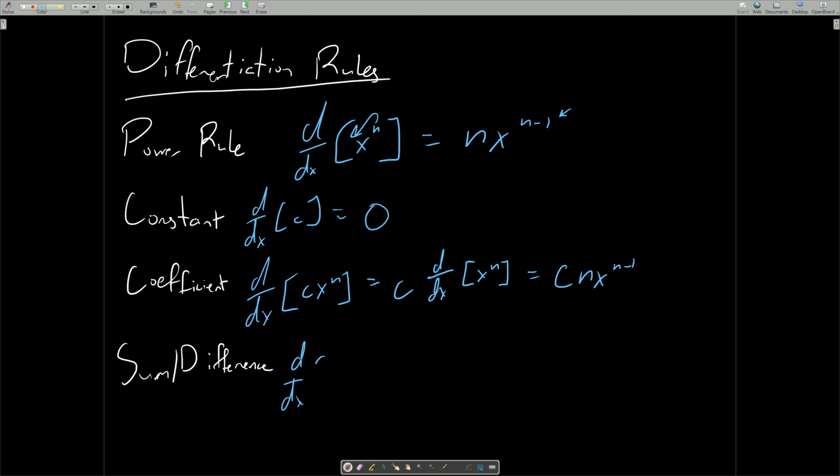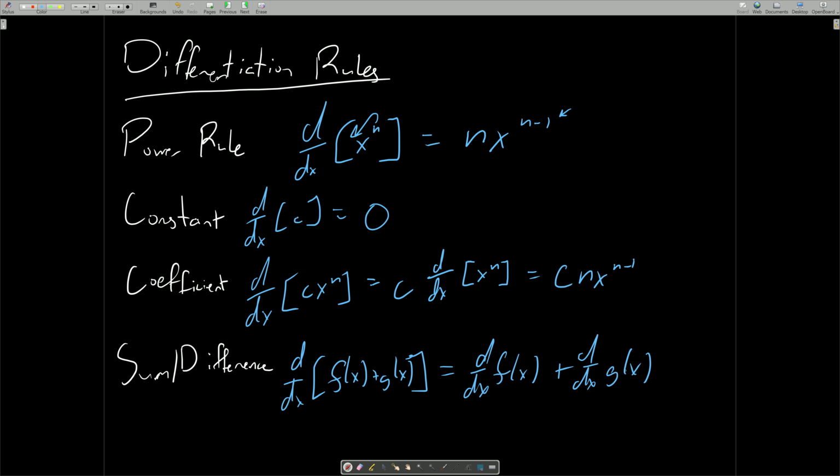Sum and difference. If you have two functions added together and you try to take the derivative of them, it's just the derivative of the first plus the derivative of the second. Same thing for subtraction. If you have one function minus another, then it's the derivative of the first minus the derivative of the second.